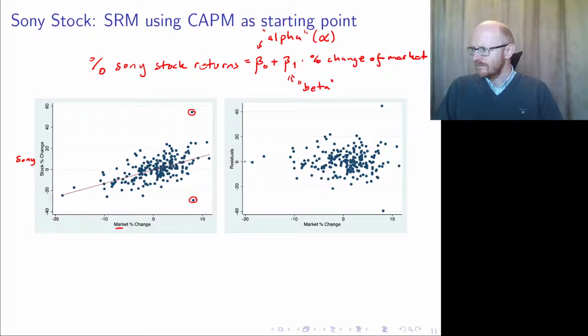And if we plot the residuals versus the market change, then we get the same result. And what we notice is that we have these outliers.